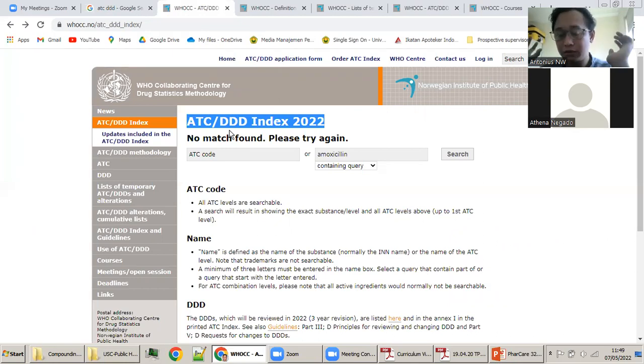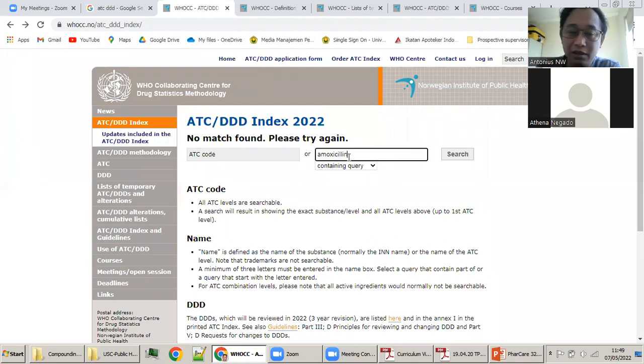We are grateful that some experts already worked on this, because there are a lot of known medications today. Let's say we want to see amoxicillin. Let's search for amoxicillin and see what the ATC code for amoxicillin is.